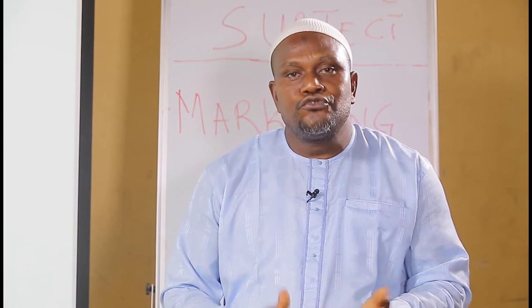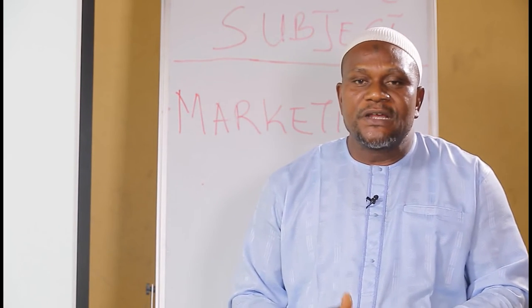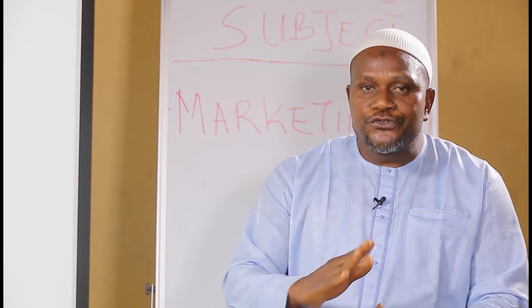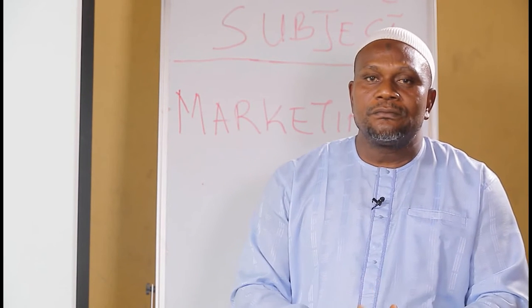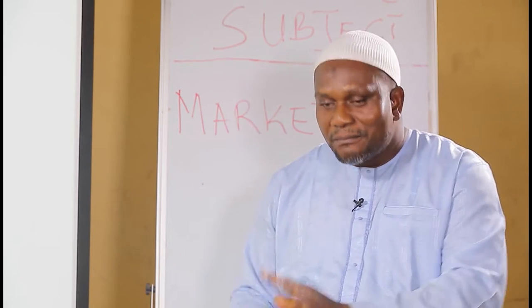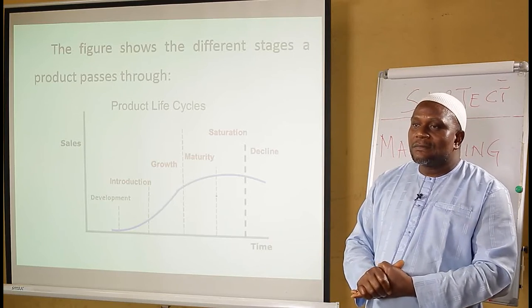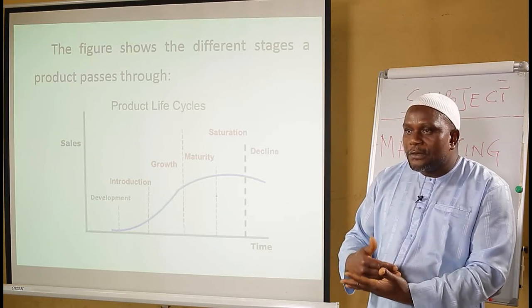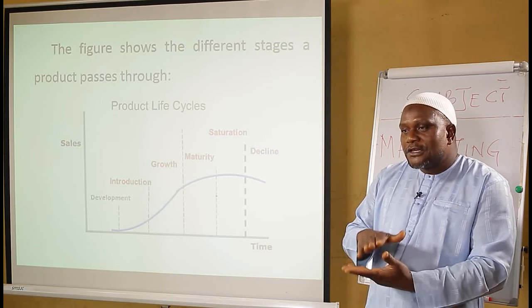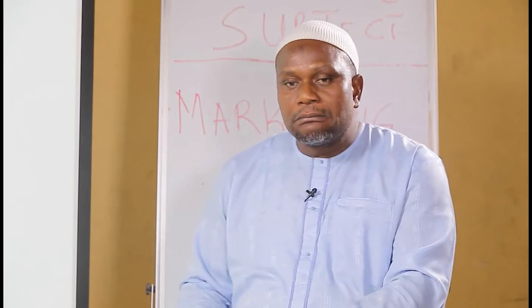You might be asked to draw a product life cycle, otherwise known as the PLC. You can start from the word introduction, the growth, the saturation, and then decline. Your mark is intact either way. It could be introduction, growth, maturity, saturation, or decline.